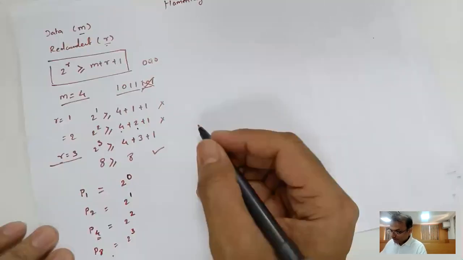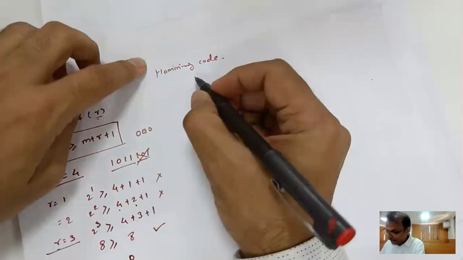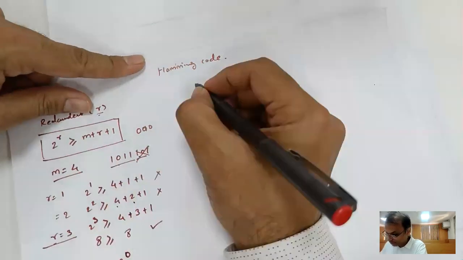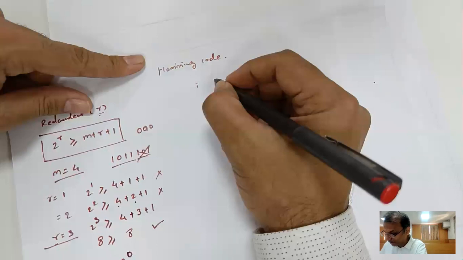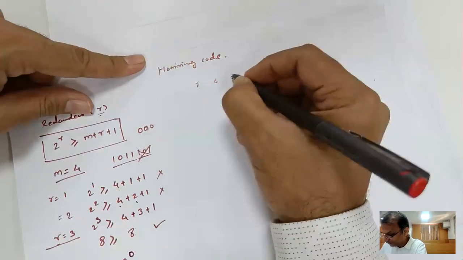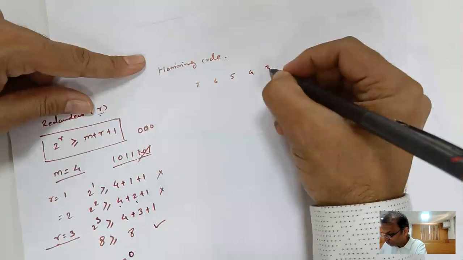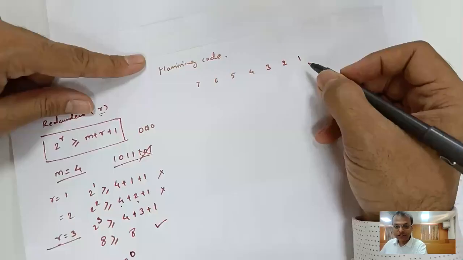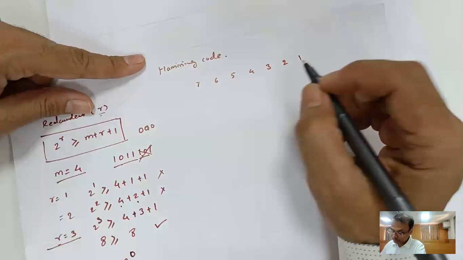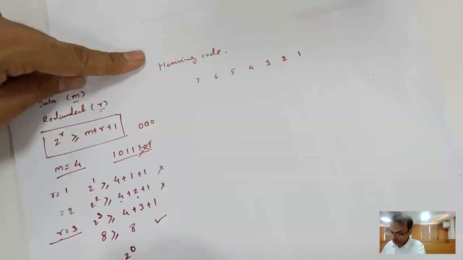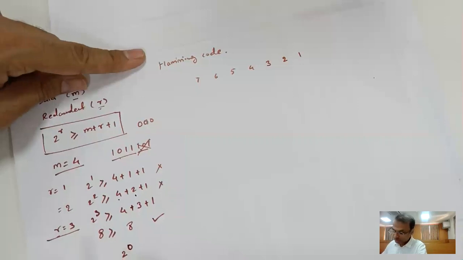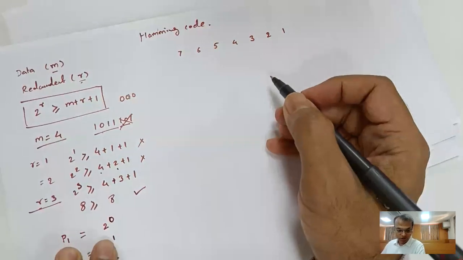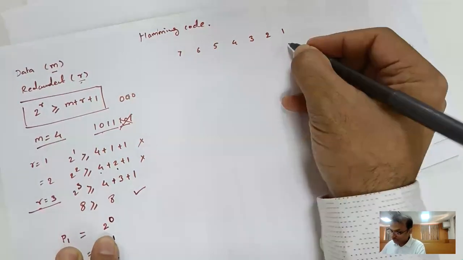So that means what? Let us put the Hamming code directly. So total Hamming code for 4-bit data will be 7 bits, right? So I'm just writing the bit positions 7, 6, 5, 4, 3, 2, and 1. Now out of these 7 bits, which are the data bits and which are the redundant bits? The first parity bit position is 2 raised to 0, that is first position.